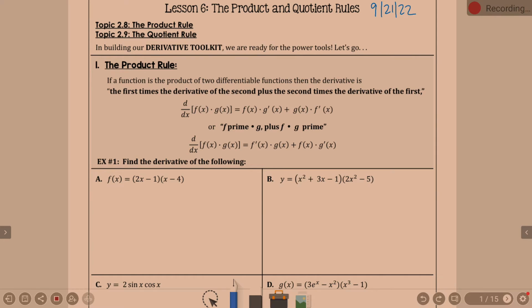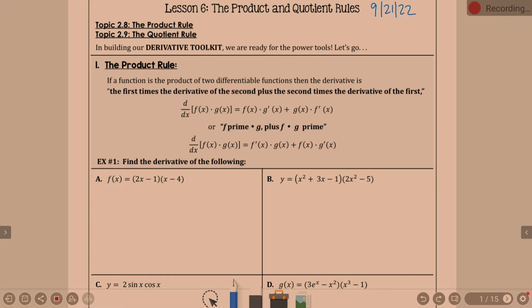Whichever one you didn't take the derivative of the first time, we're taking the derivative now, and we're keeping the other original piece. Okay, so this is a product rule. Anytime we have two things being multiplied, so two x-type pieces, we're going to use the product rule.